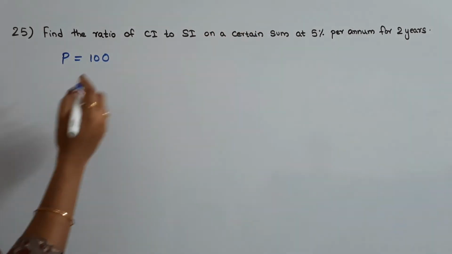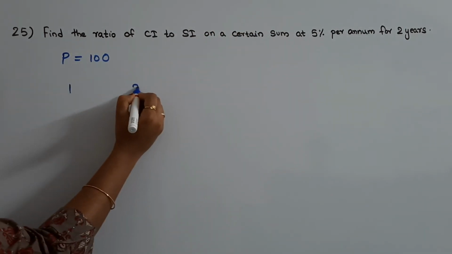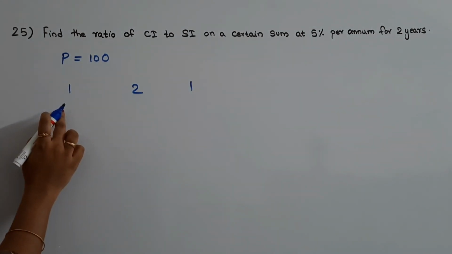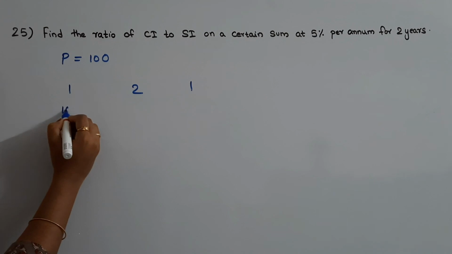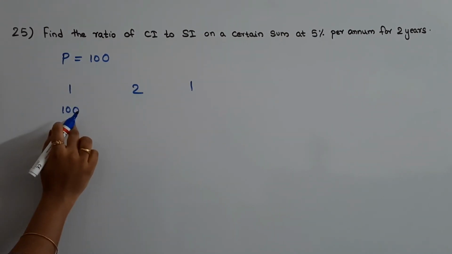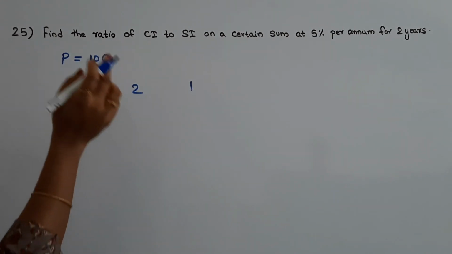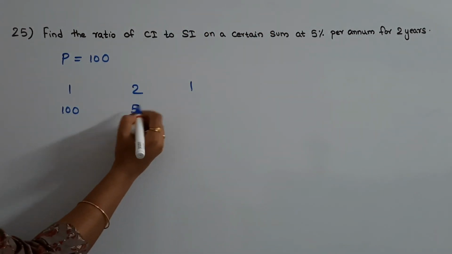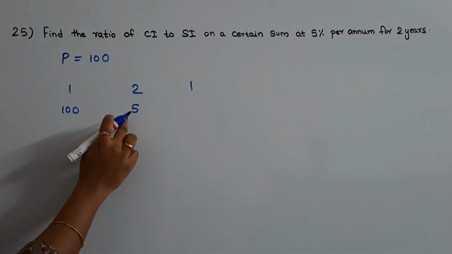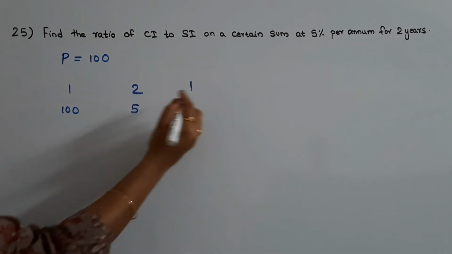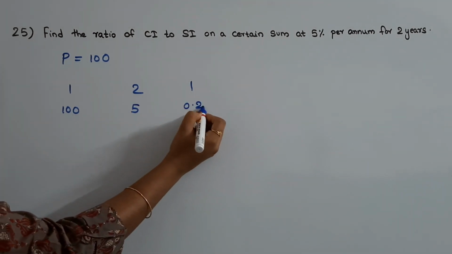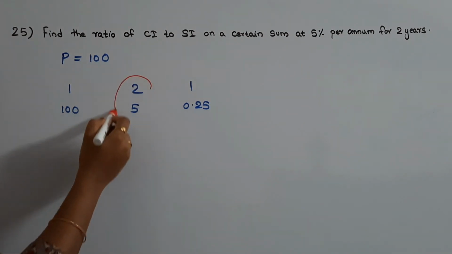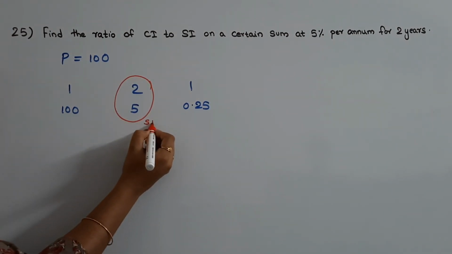Now since the time period is 2 years, write 1, 2, 1. Below this one write the principal value, that is 100. Below this 2, this 100 into r by 100, that is 100 into 5 by 100, that is 5. Below this one, this 5 into 5 by 100, that is 0.25. Now this part is for simple interest.